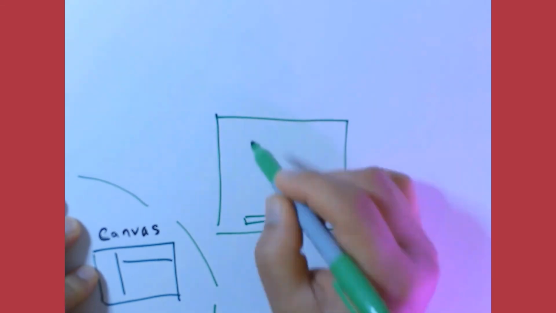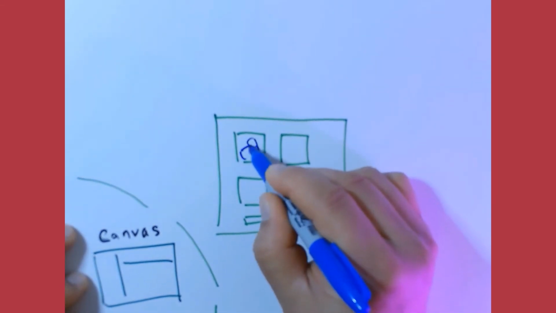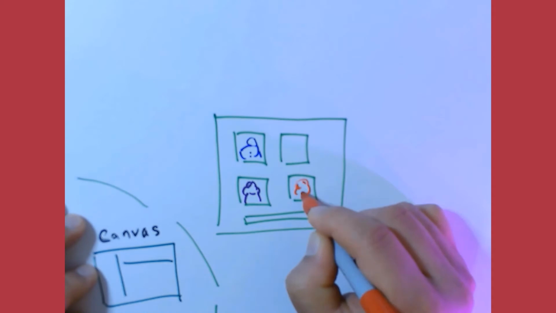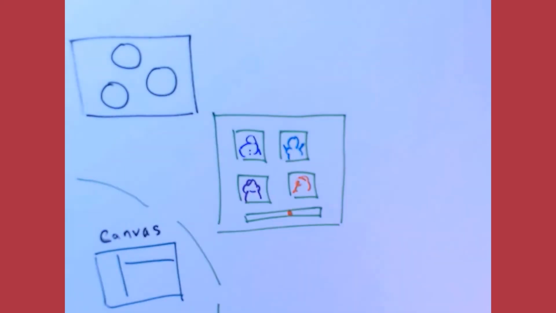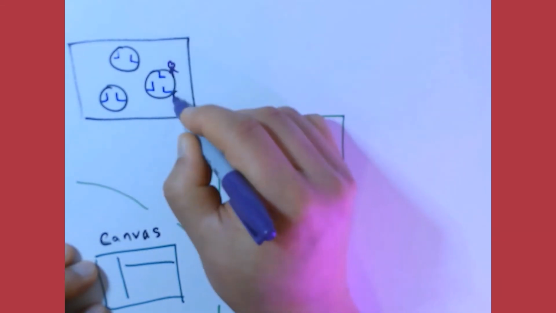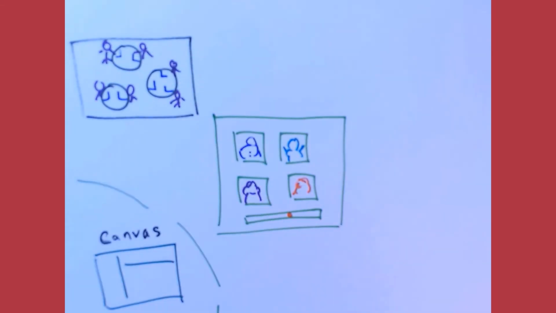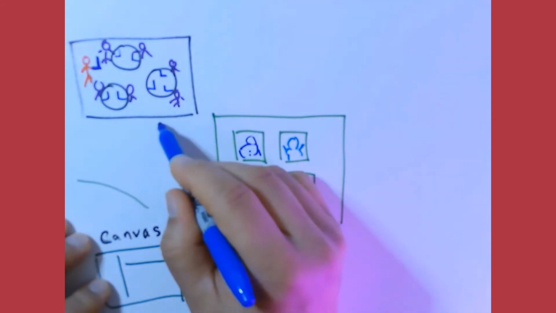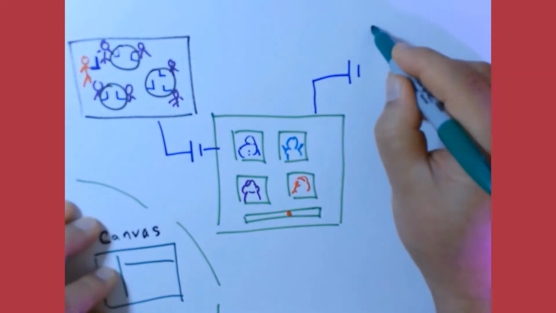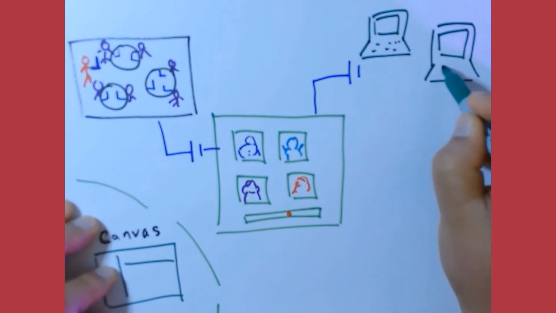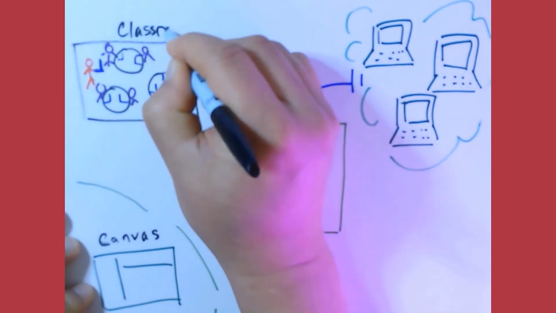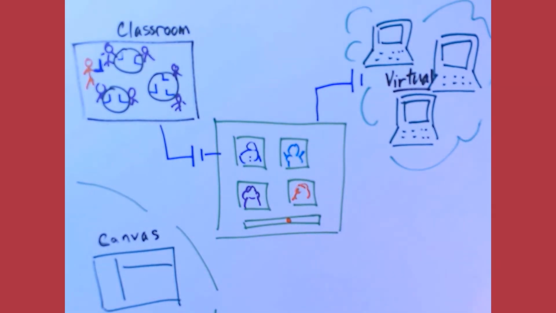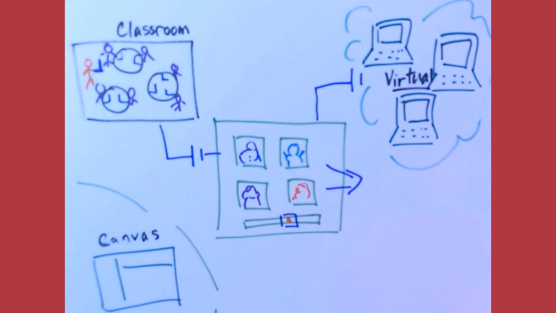Flex class will start from Canvas, where all the learning materials are stored. The Zoom class is the focal point of flex class. Everybody from the classroom as well as the virtual online students will be joining the Zoom class. As you can see, the students in the classroom also use their laptops to join Zoom.